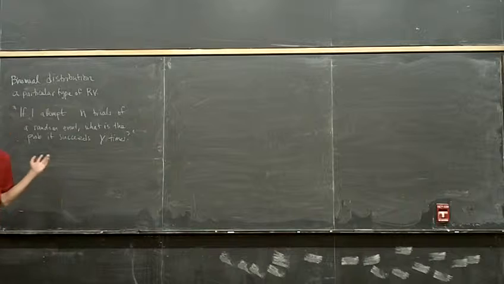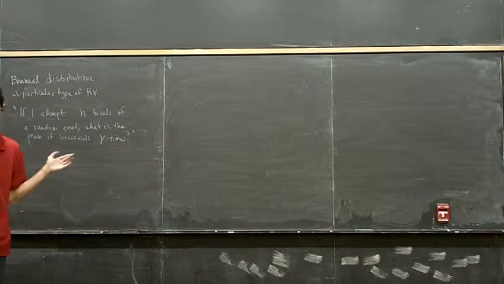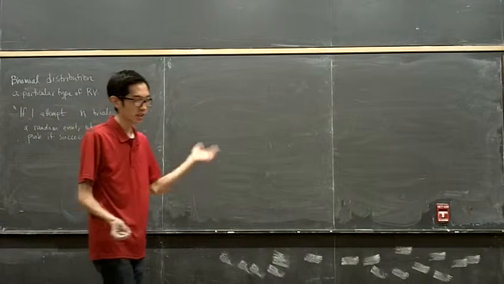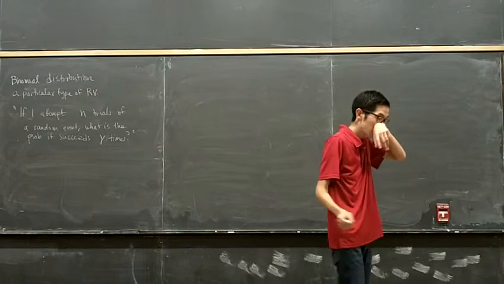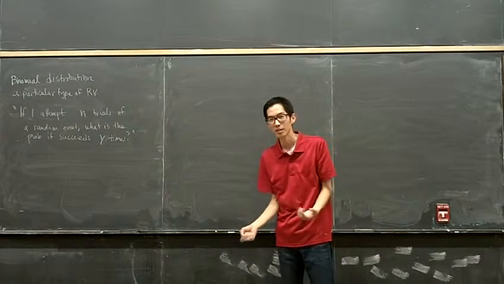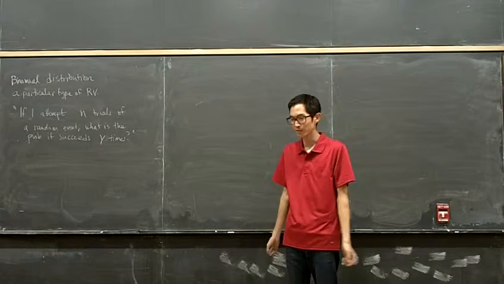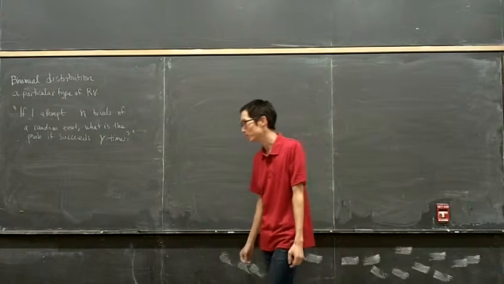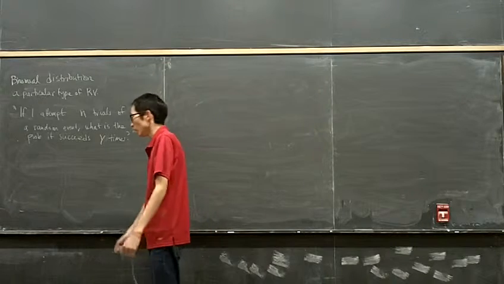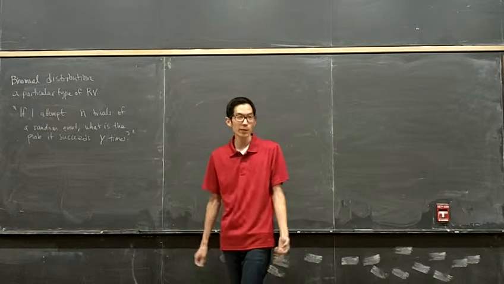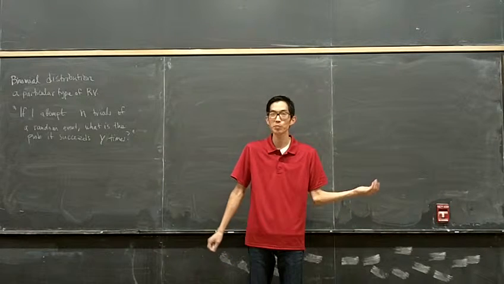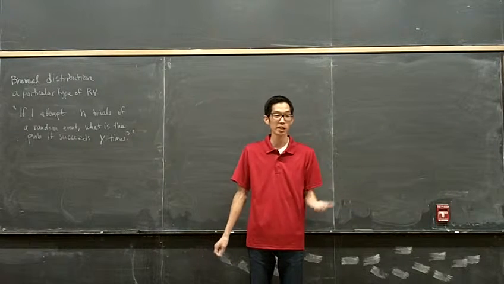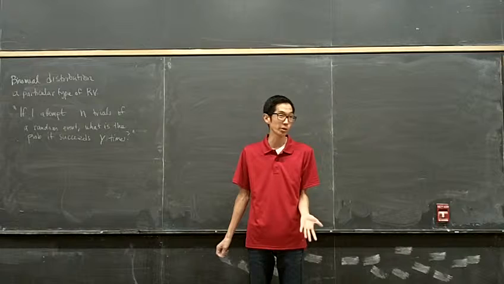And the word success or succeed is an arbitrary label that we've stuck on this thing. Not necessarily success in the classic sense of feeling victorious. So it could be as simple as, if I flip a coin 10 times, what's the probability that the coin lands heads exactly 4 times?